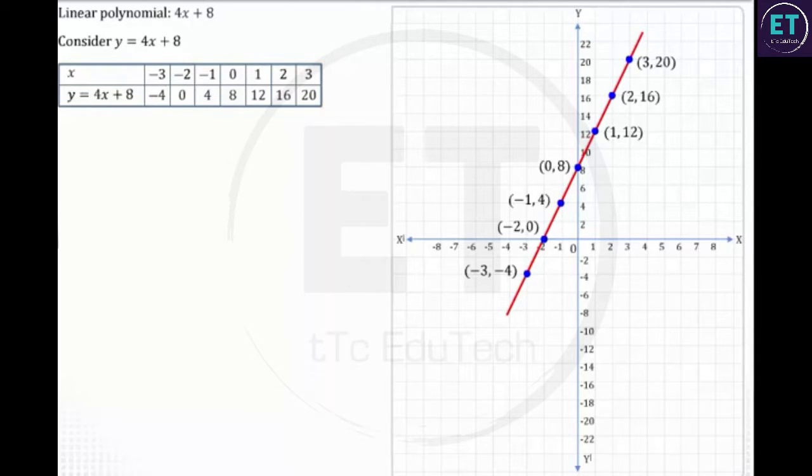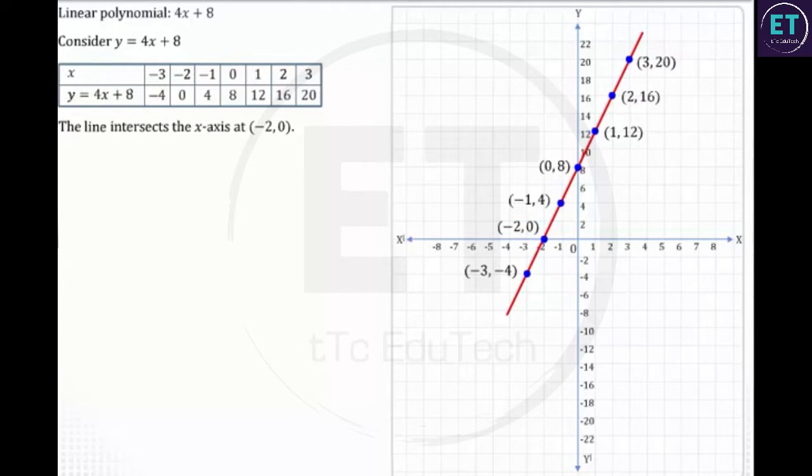On joining all these points, we get a straight line. As you can see, this line intersects the x-axis at the point -2, 0. This means that the line intersects the x-axis when x is equal to -2.